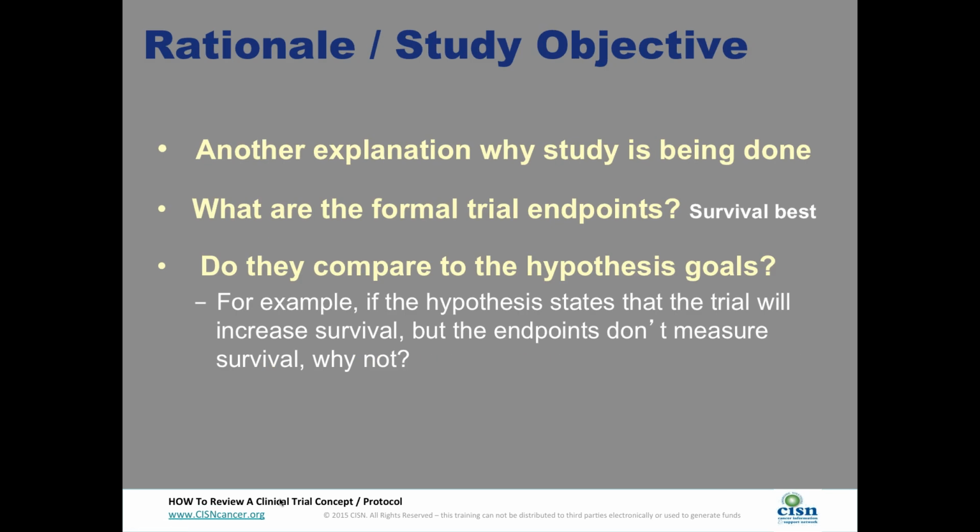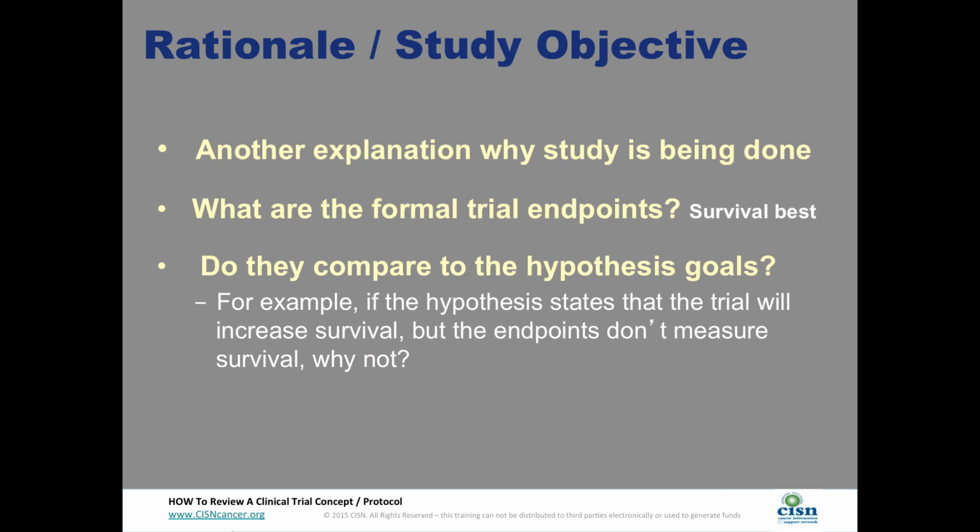So rationale and study objective, they always put this in. I've never been able to understand why, because it's almost kind of the same thing as the background and the hypothesis. It's another explanation of why the study is being done. And they write it up, again, some people write the exact same thing. Some people write up a little bit different. Again, they've got to put the endpoints in there.